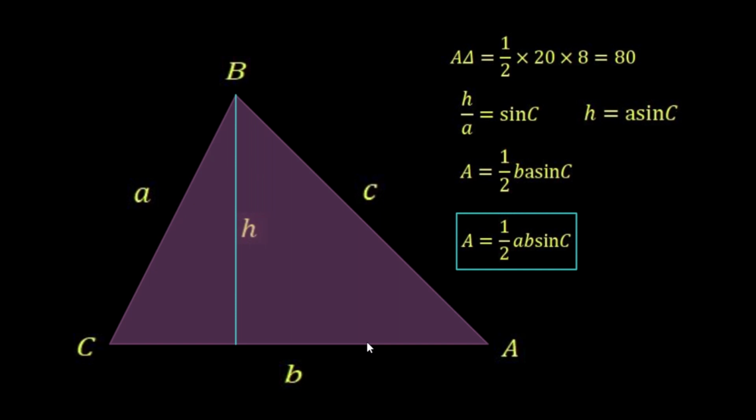So let's look at this in an example. So let's start off with a triangle, and we have the angle here, which is 50 degrees. And let's say we're given the length here, which is a length of 8, and this length here, which is going to be a length of 4.